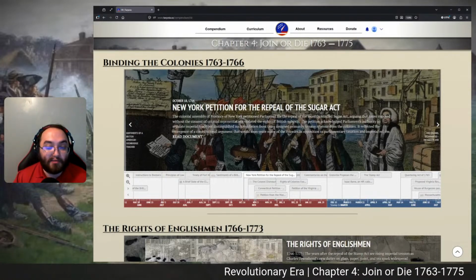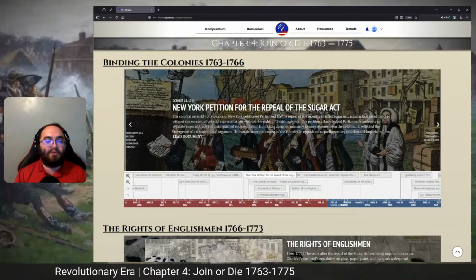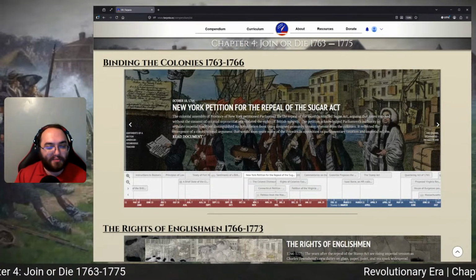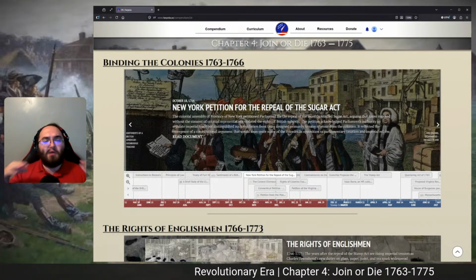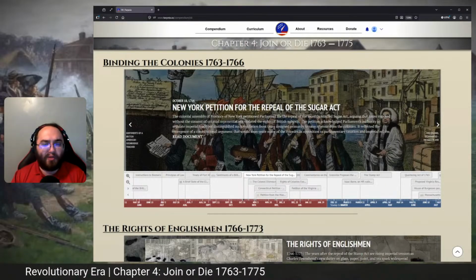And so you have that perspective in this petition, but you also have the idea of representation, of taxation without representation. That's a big common idea. Most people today, when we think of this time period, we think of no taxation without representation.